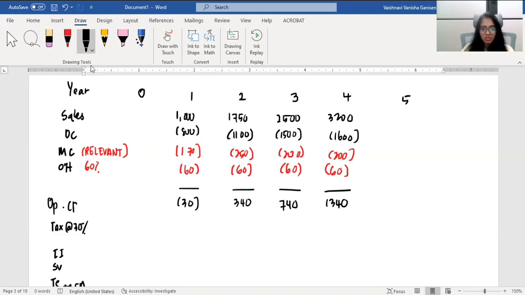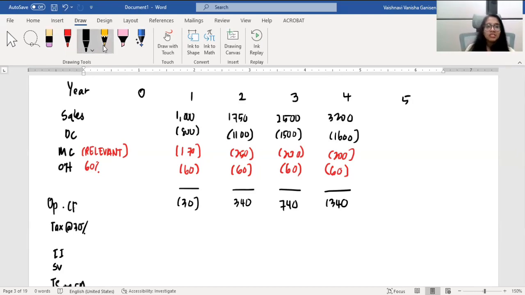Okay, correct. 340 is correct. 2500 minus 1500 minus 200 minus 60. Okay, 740 is correct. 3200 minus 1600 minus 200 minus 60. Okay, 1340.